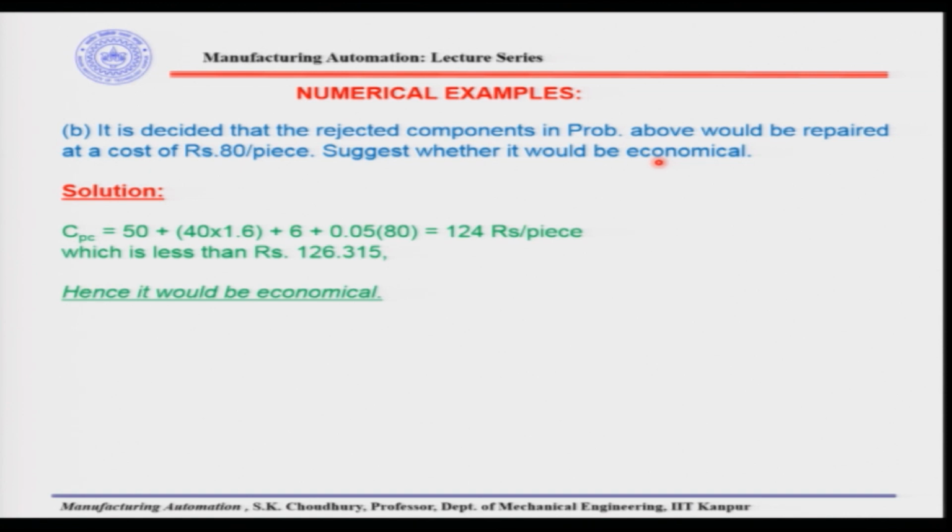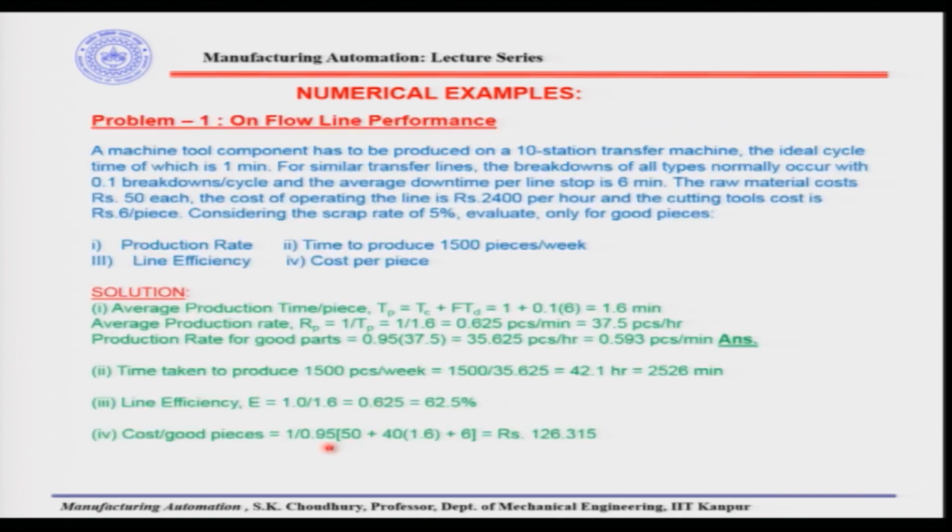Now, let us see how this problem will change if we have to repair at a cost of 80 per piece. The rejection cost is gone, because that was the actual cost, which is the raw material, line cost, and the rejection in the sense of breakdown, and the tooling cost.